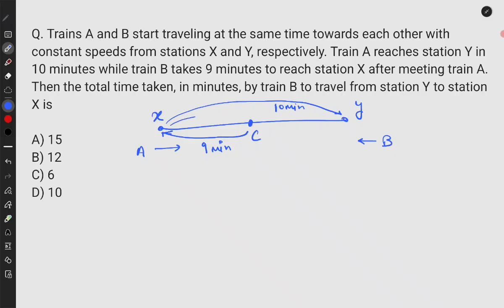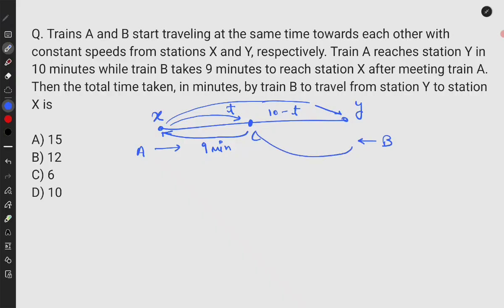Now when train A meets at this point, let's call this point C, train A took T minutes to reach here, and then further it took 10 minus T minutes to reach from point C to Y. Now both trains are running at the same speed, for the same time period.